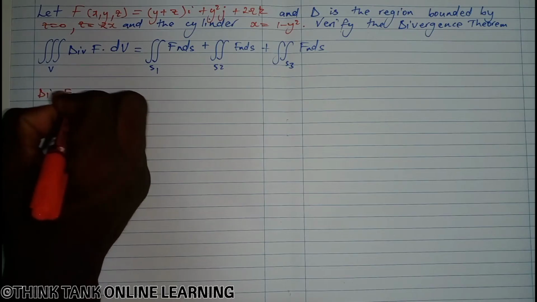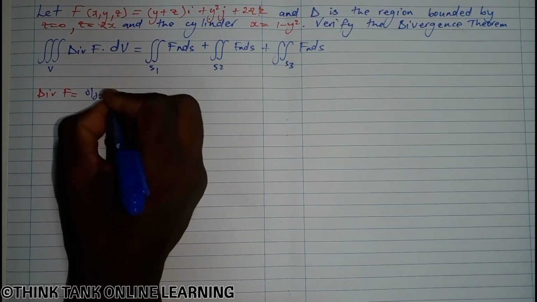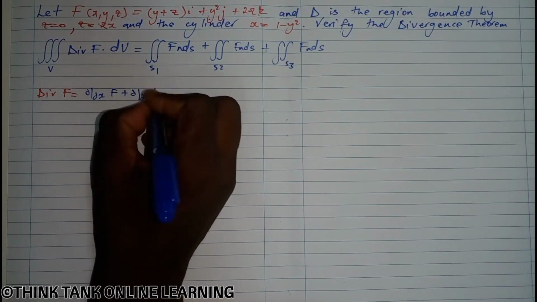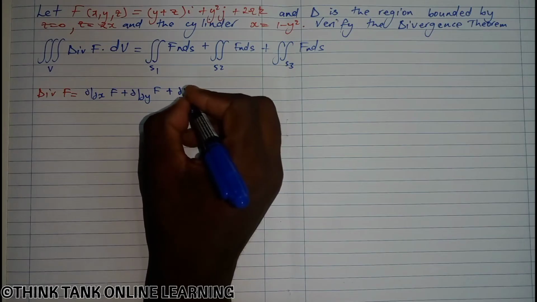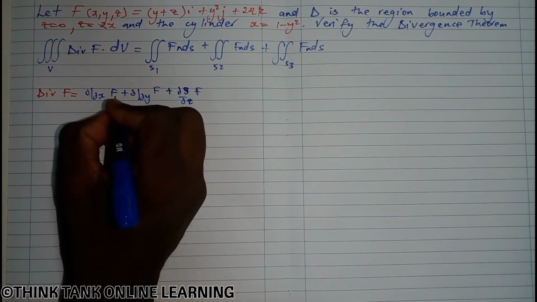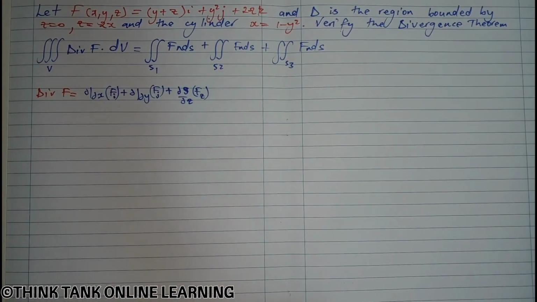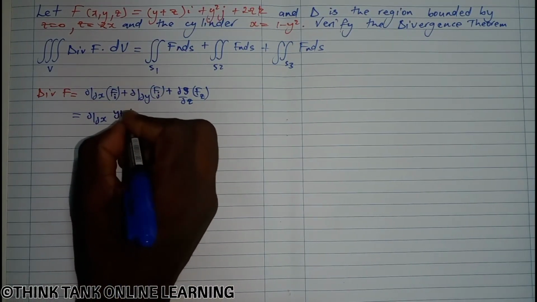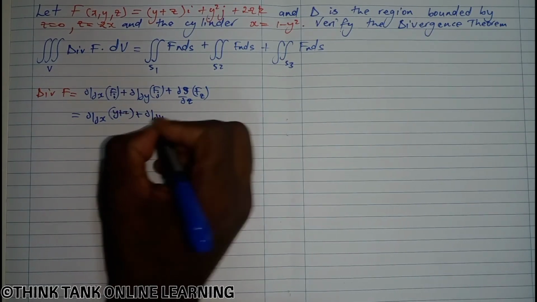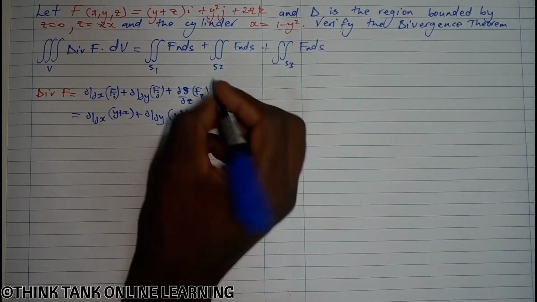We know the formula: it's the partial with respect to x of the i component, plus the partial with respect to y of the j component, plus the partial with respect to z of the k component. So we find the partial x of the i component, which is y plus z, plus the partial y of the j component, which is y squared, plus the partial z of the k component.